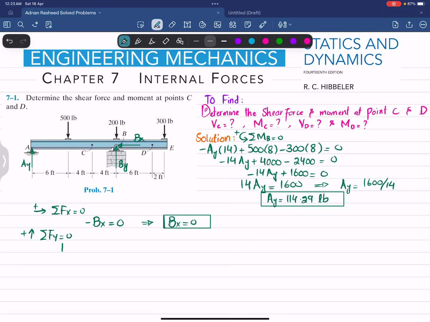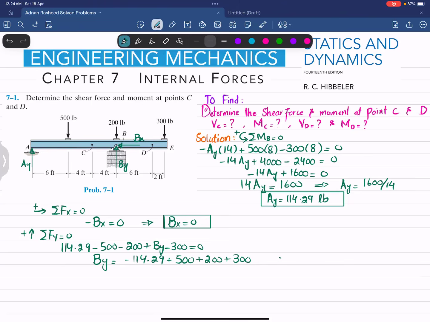So I will write AY is 114.29 minus 500 minus 200 plus BY, which is upward, minus 300 is equal to 0. From here BY will be equal to minus 114.29 plus 500 plus 200 plus 300.